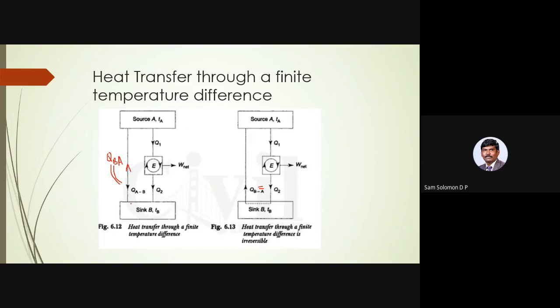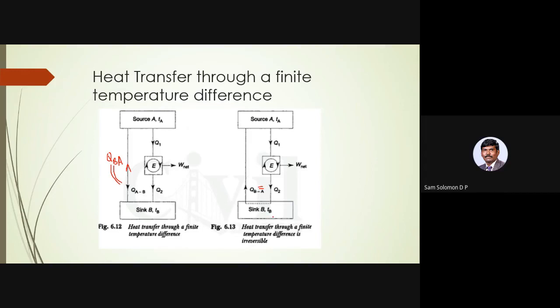During the reversal, QBA is the amount of heat that is going back to the source. If that is equal to Q2, then Q2 amount of heat will be rejected back to the source. If Q2 is equal to QBA, then I don't need this sink at all.